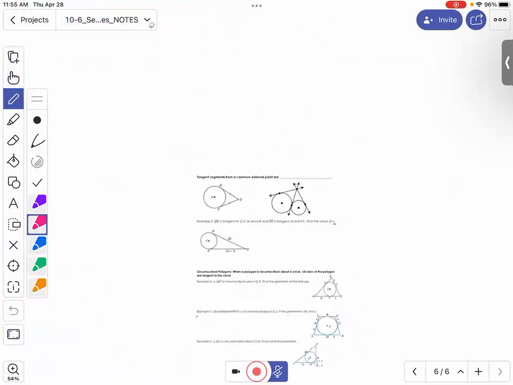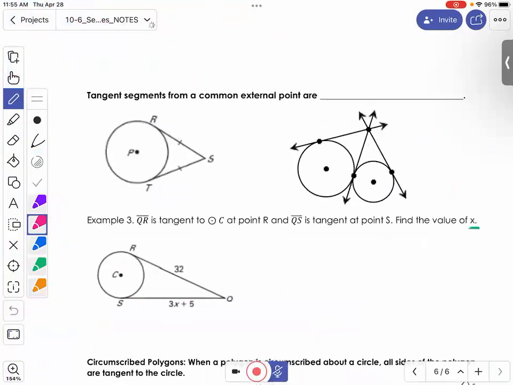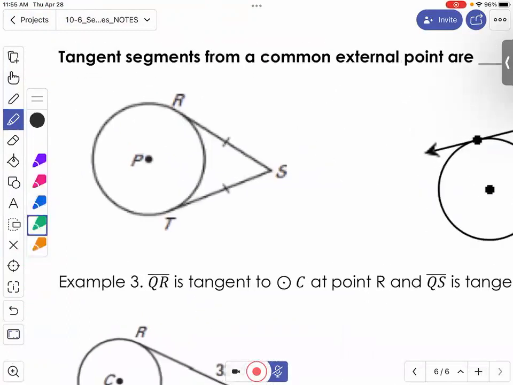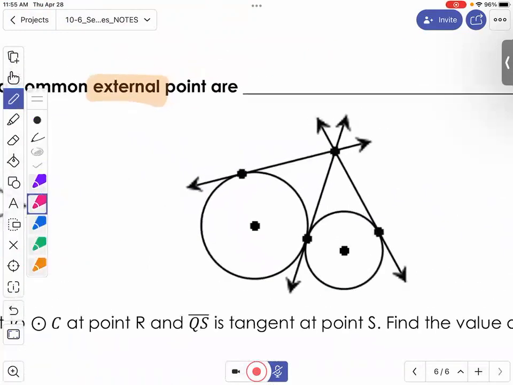So let's look at one of our next properties. So now we have a property still dealing with our tangents that says tangent segments from a common external point, external meaning on the outside, are going to be congruent.